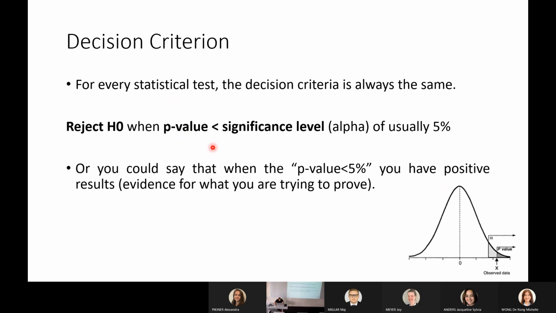We do that when the p-value is lower than the significance level alpha. It's in a critical zone, so we reject the H0. If the p-value is higher than alpha, it's in an acceptance zone, so we accept the H0, right?